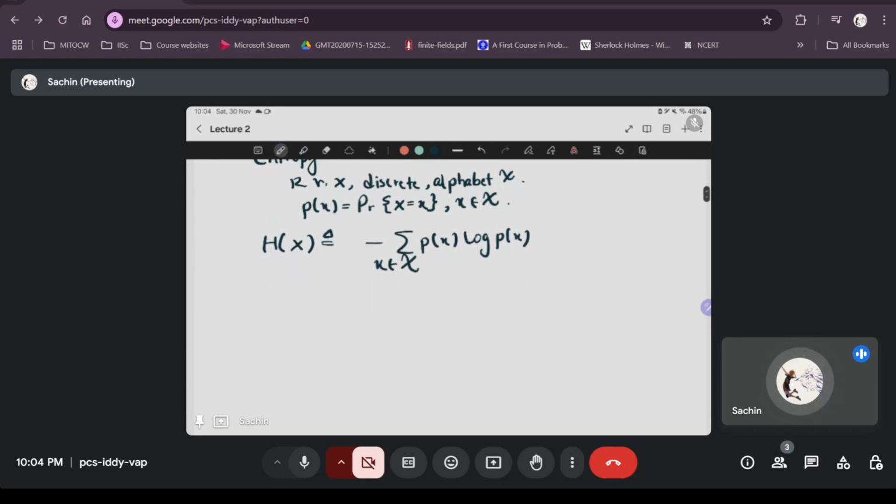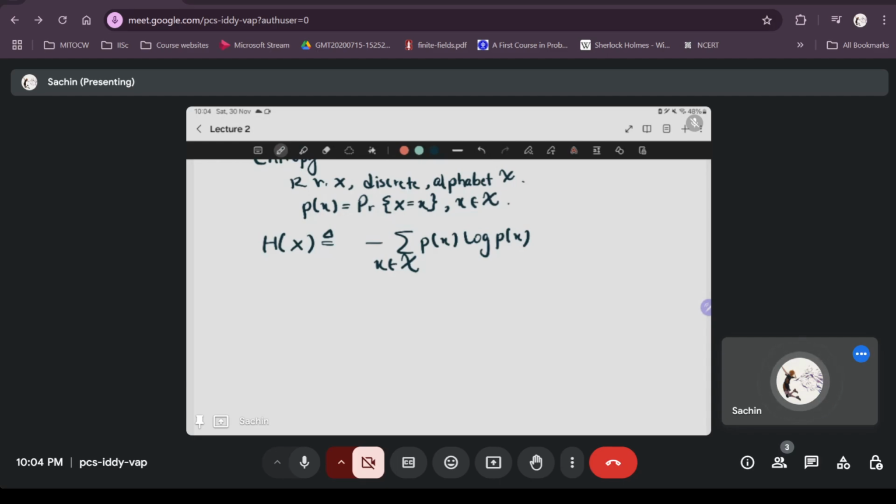And we also define 0 times log 0 to be 0, so that if there is some alphabet that occurs with probability 0, then it doesn't affect our entropy. And we saw a few examples.